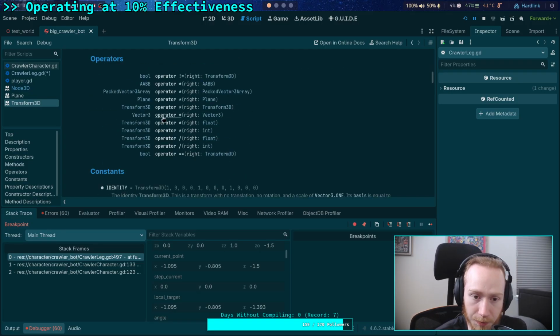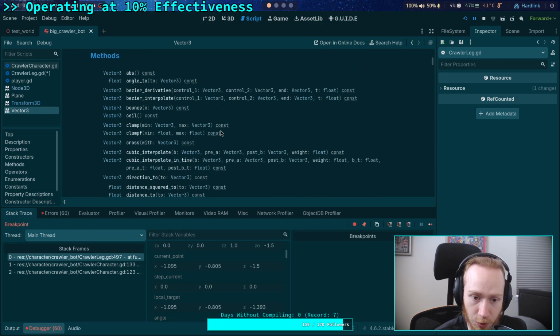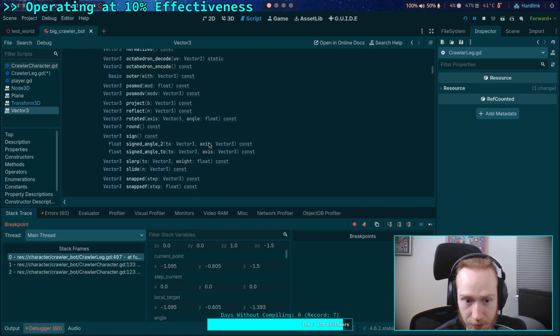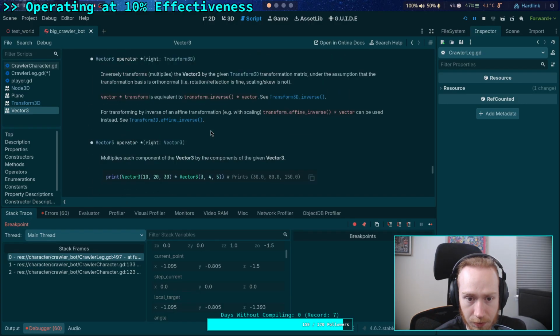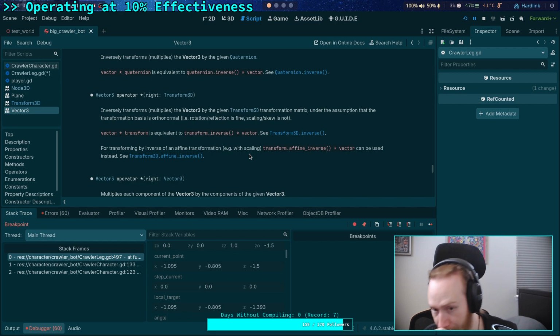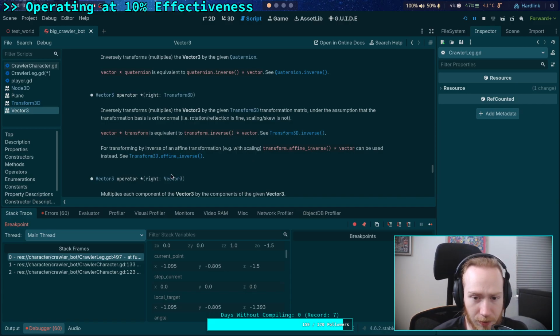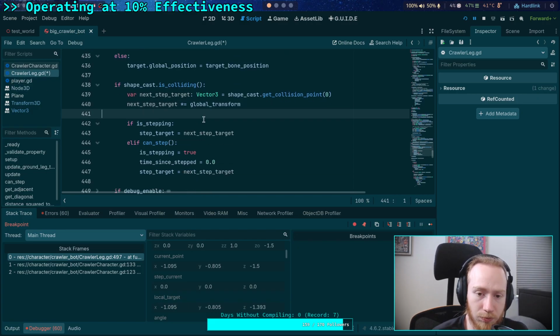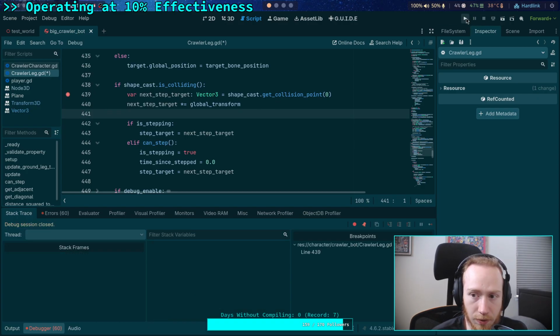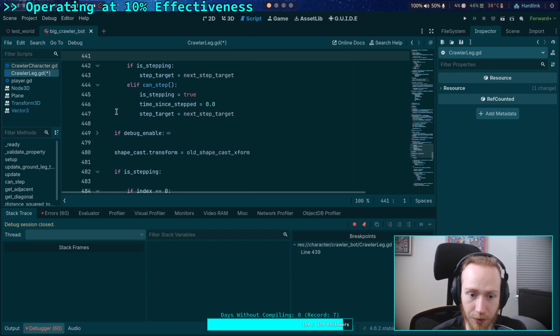A vector times a transform is doing the opposite. Vector times transform is equivalent to transform inverse times vector. Yeah. So I can just do that. I'm gonna check this because this is just really weird.